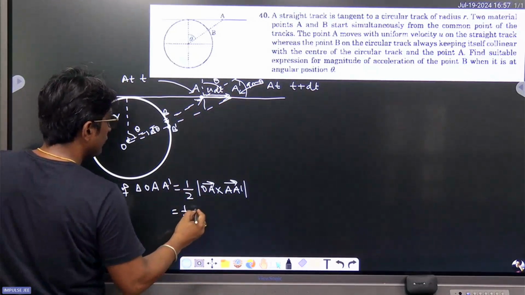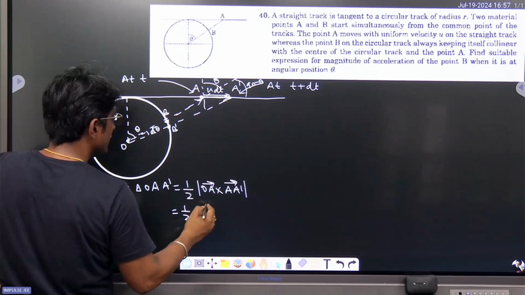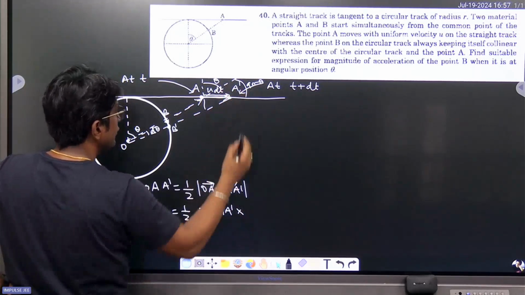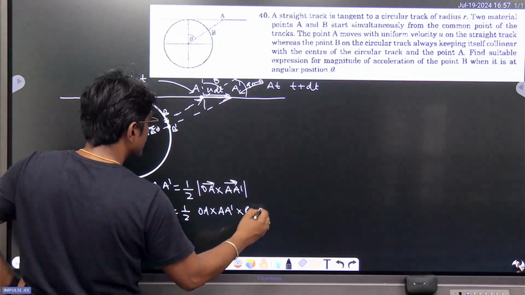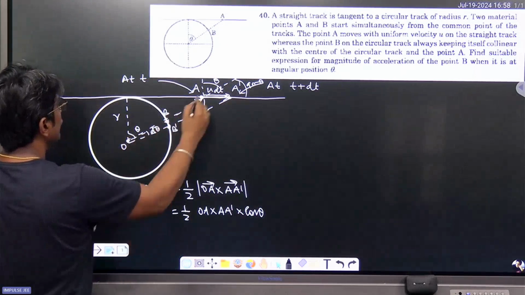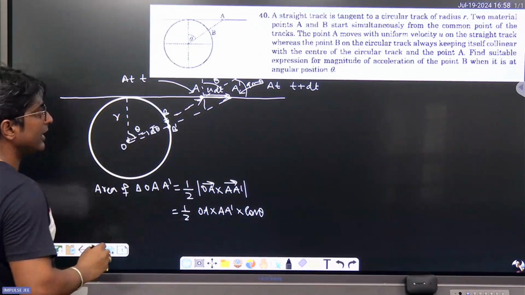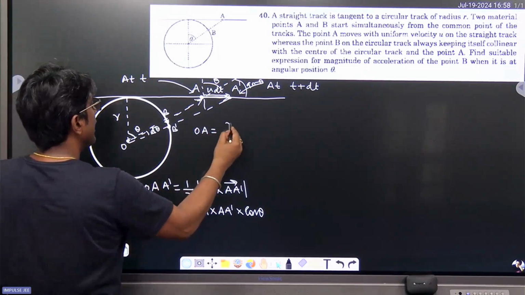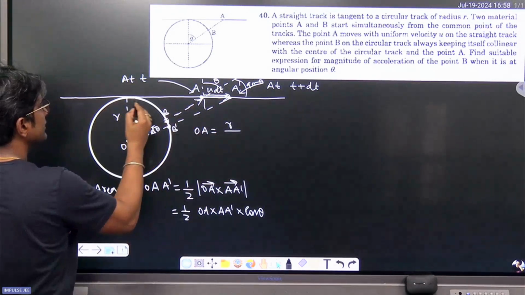In scalar form we can write this as simply OA times AA prime times sine of 90 minus theta, which means cos theta. And if we find OA in terms of theta and R, then OA can be written as R by cos theta in this triangle.